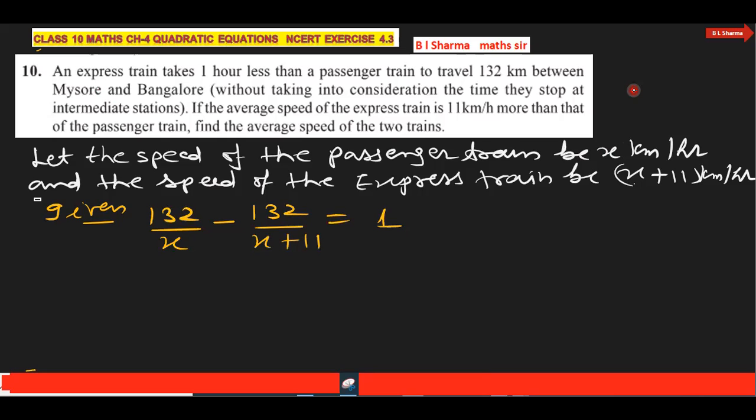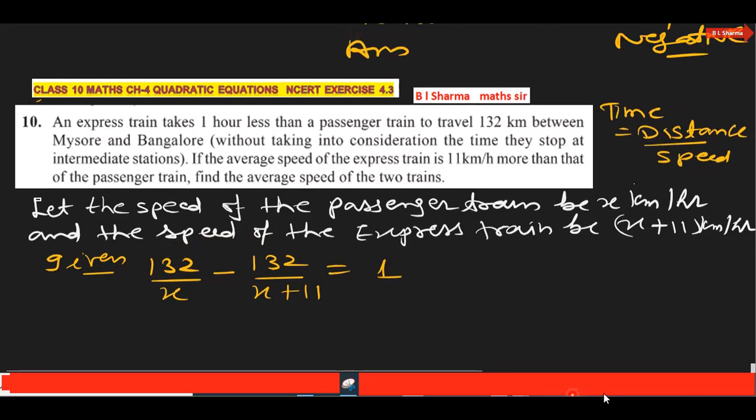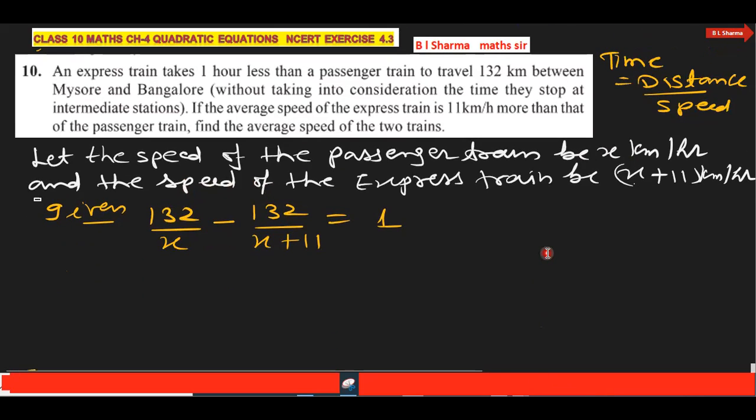Distance upon speed is time. The formula of time is equal to distance upon speed. Now we have to simplify and verify the answers.